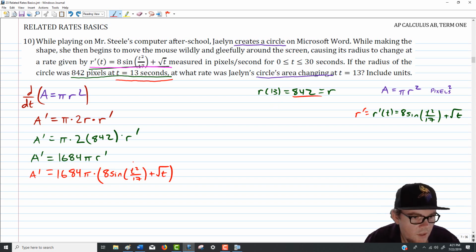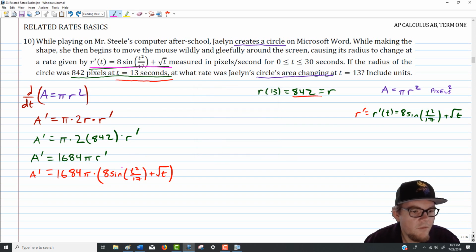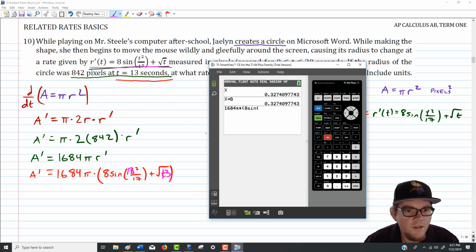What we didn't do, though, is plug it into the function itself for r prime. We want specifically r prime of 13. So we're going to take that t squared and put 13 in. We're going to take that t and put 13 in as well. That way all we have to do is literally just plug this into the calculator. So 1684 pi times quantity 8 sine of 13 squared over 17.